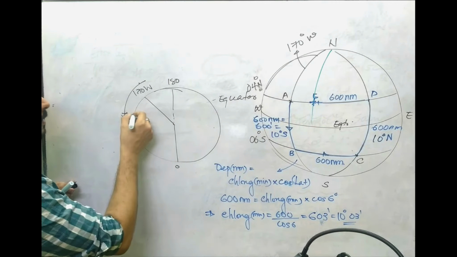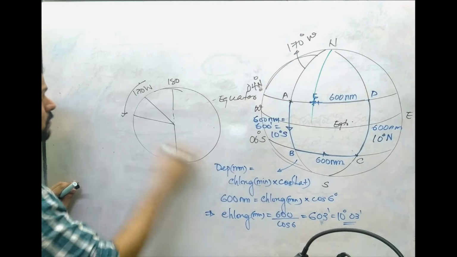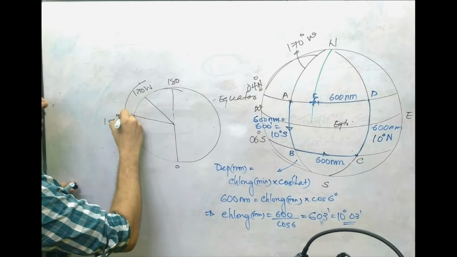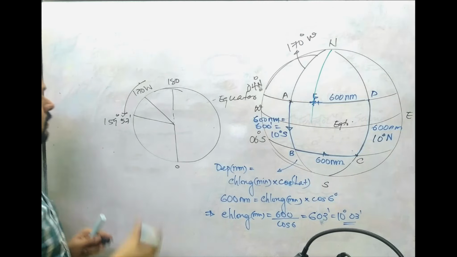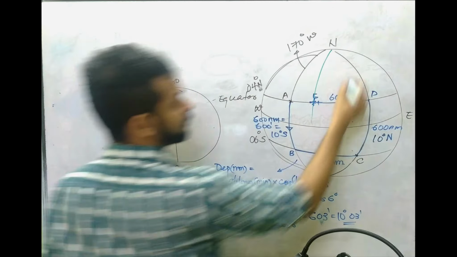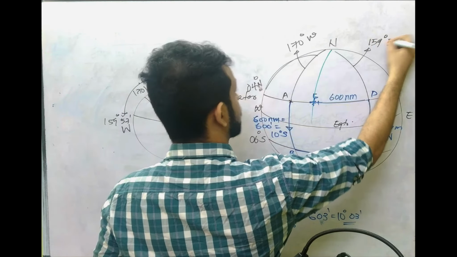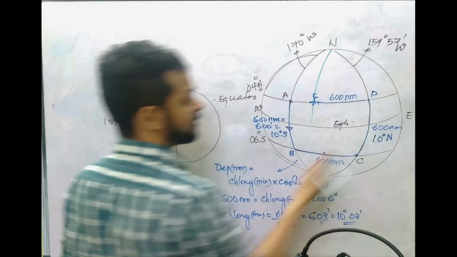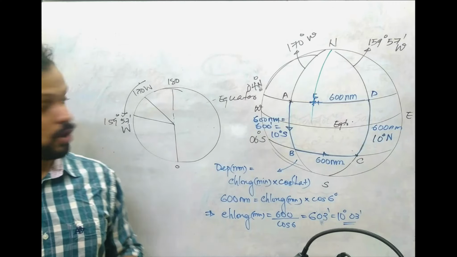So where will you end up? 160. Yeah, 160 degrees. If you take the 3 minutes as well, it will be 159 degrees and 57 minutes west. Right? Therefore, this is 159 degrees 57 minutes west. Perfect. Now, you got this change in longitude.